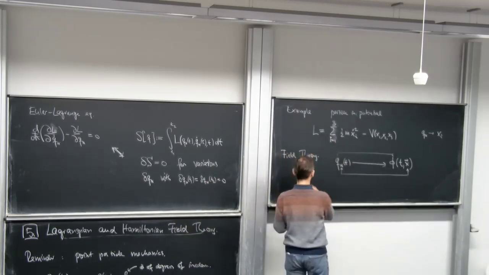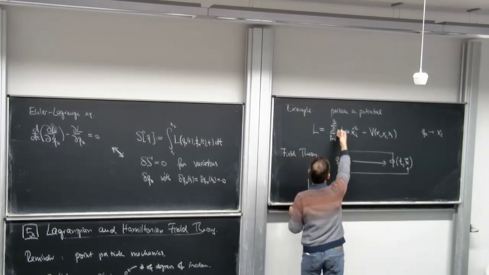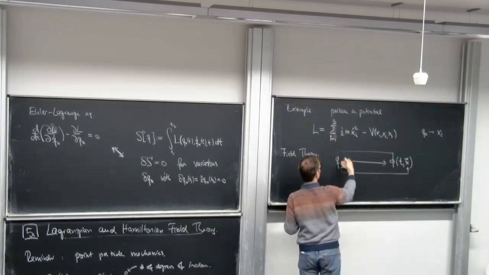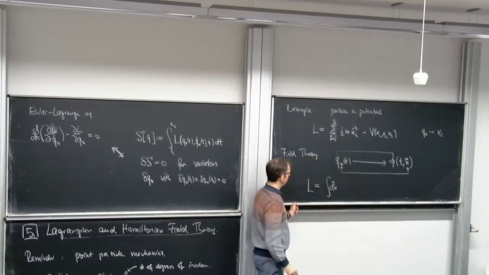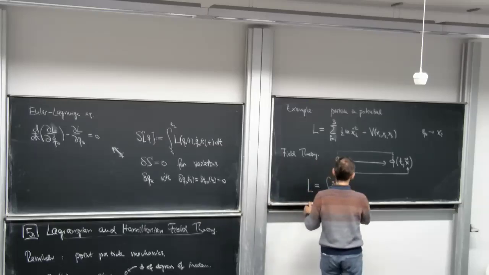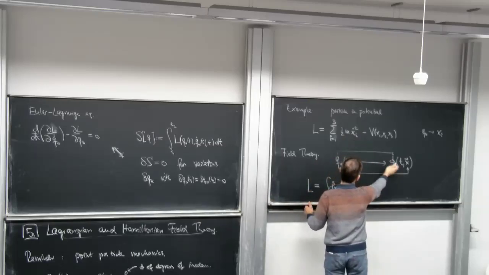So for example, my L, since it's summing over all the degrees of freedom, I will have to do this there too. So I have d3x. And then something, probably a time derivative. So why not that? Or even squared, right there. And maybe a half.